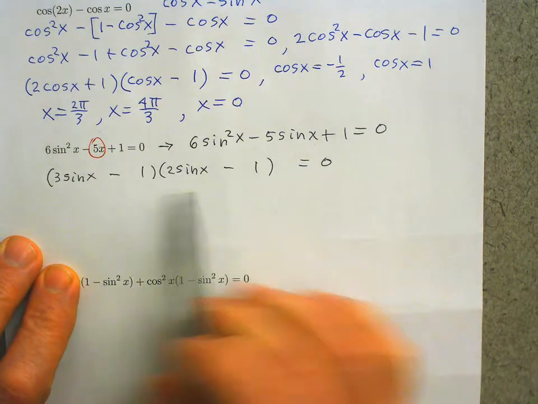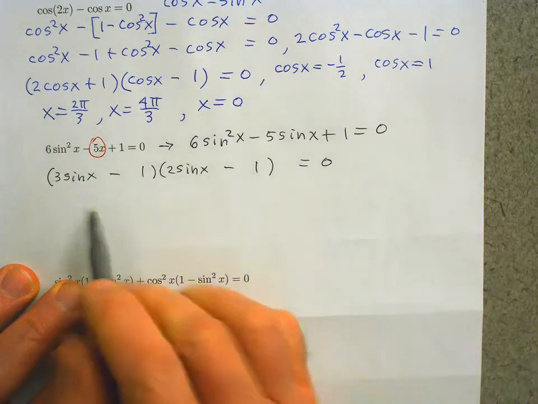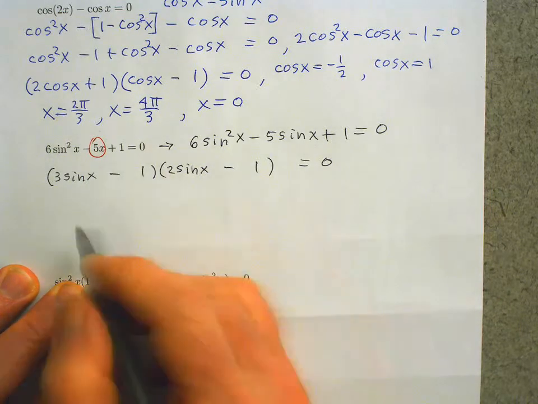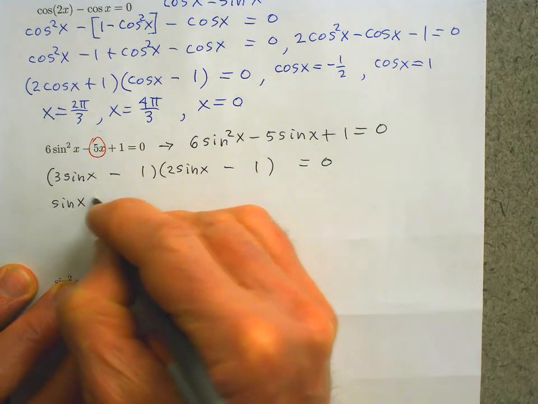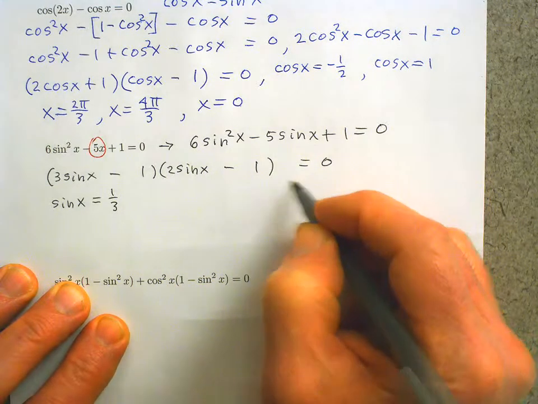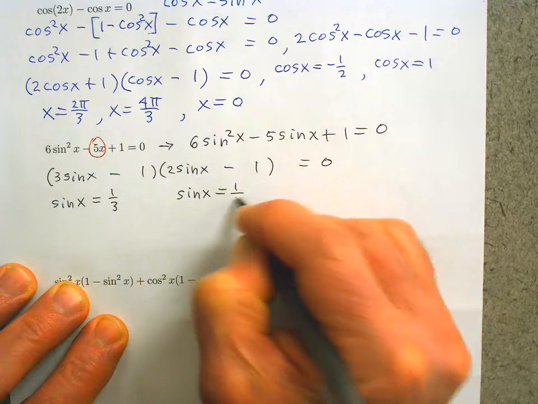So that's easy to verify that those are the two factors. So set this factor equal to 0, and then add 1 and divide by 3, we get sine of x equals 1/3. And this one, add 1 and divide by 2, we get sine of x equals 1/2.